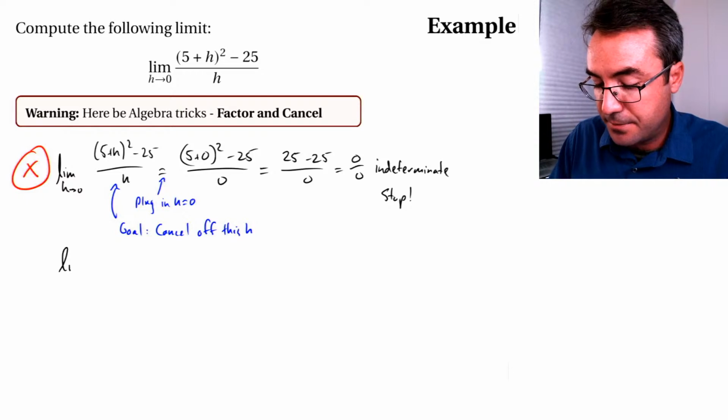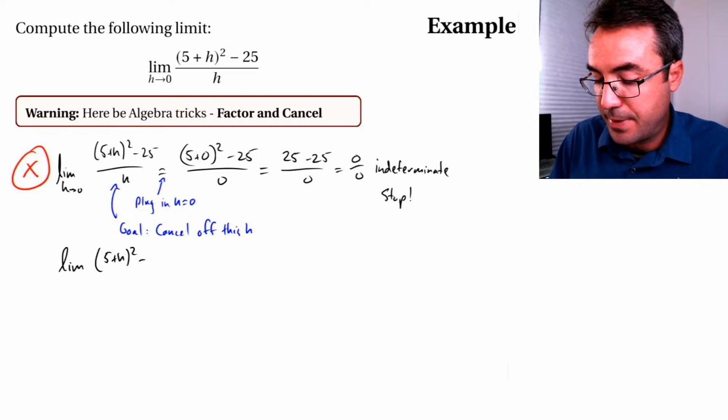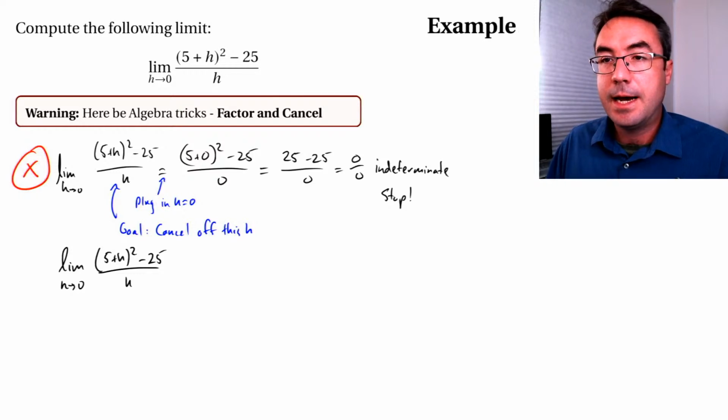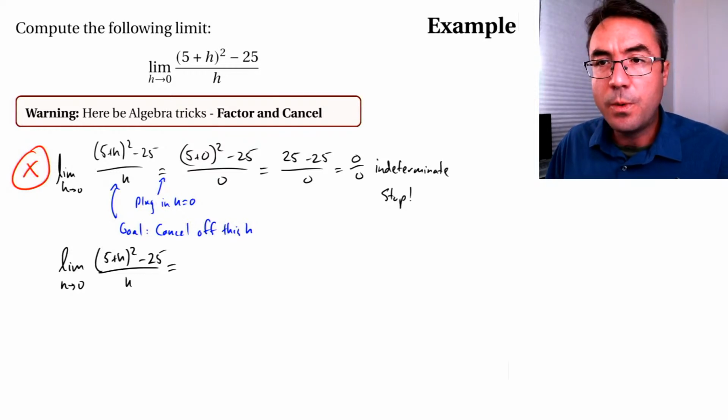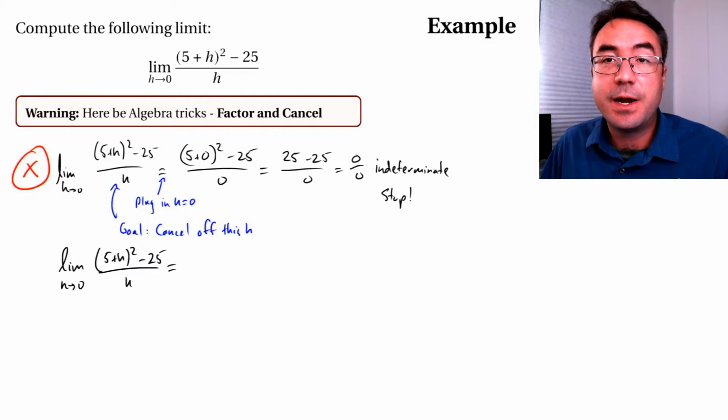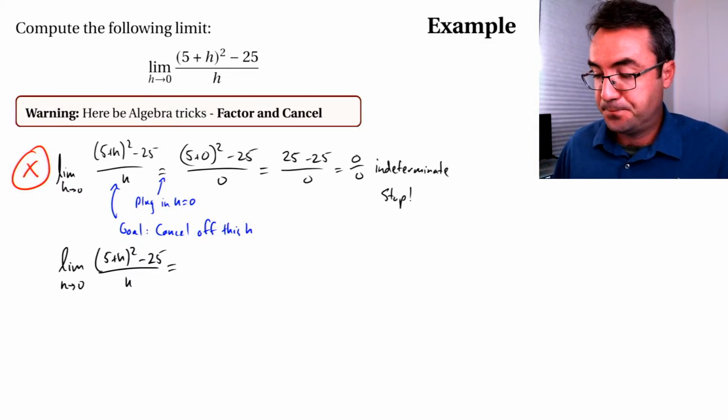Let's start again. So we're going to start with our limit here, 5 plus h squared minus 25 all over h as h goes to 0. We want to just do whatever arithmetic we can do. So we see that 5 plus h squared, let's multiply it out.